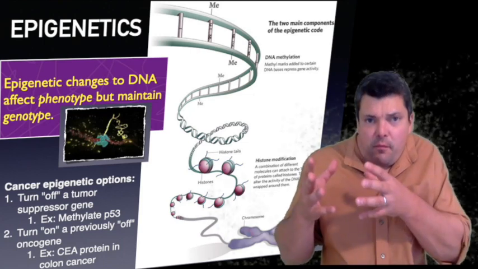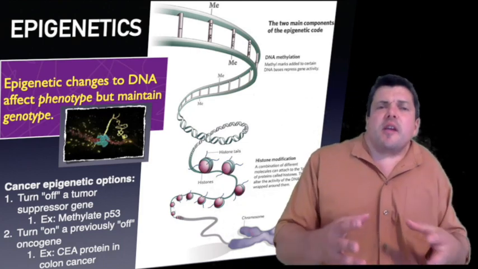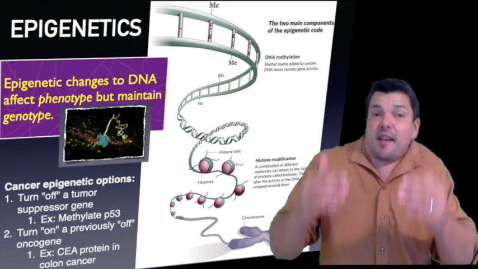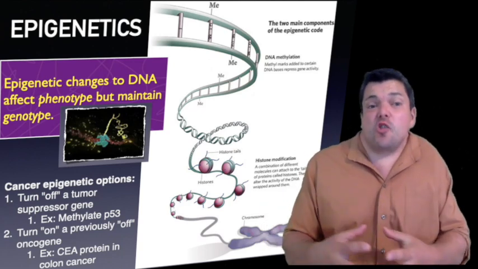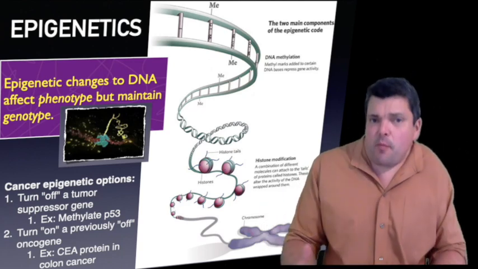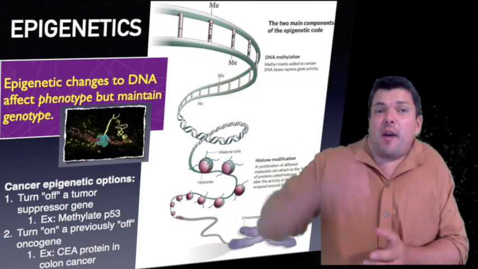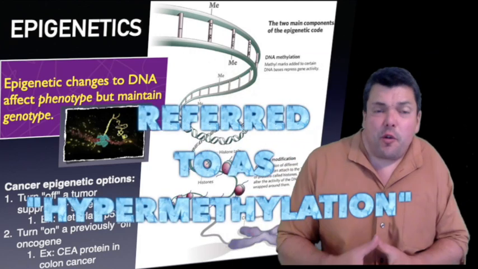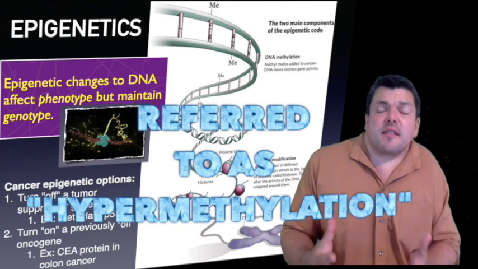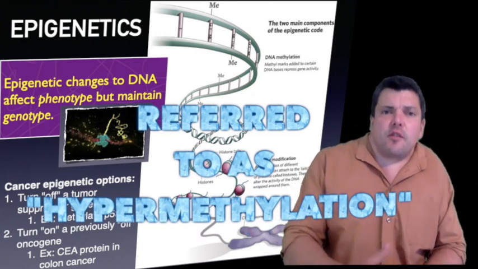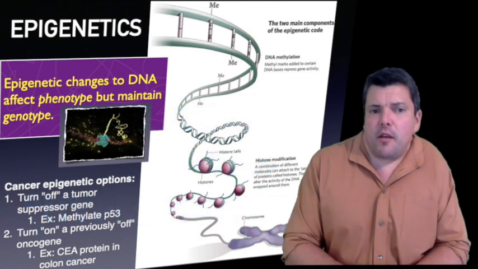Now, in many human cancers, the cancer itself will find a way to epigenetically modify its genotype. For example, turning off a tumor suppressor gene by just binding a bunch of methyl groups to it. We see that with the major tumor suppressor gene, protein 53 or P53.